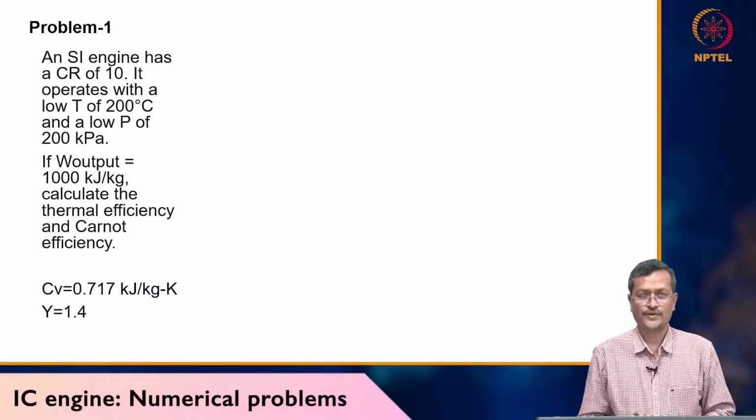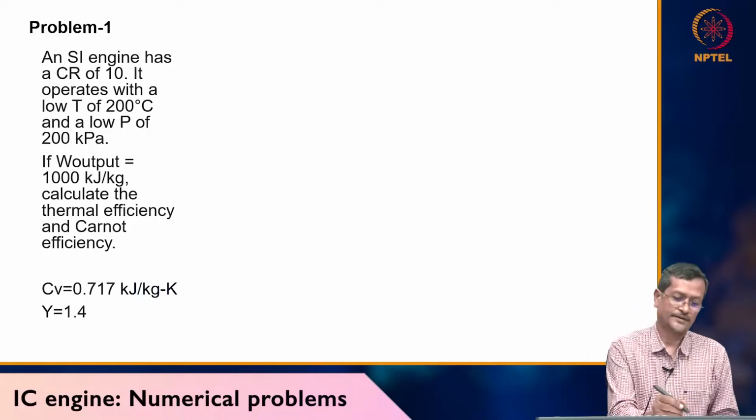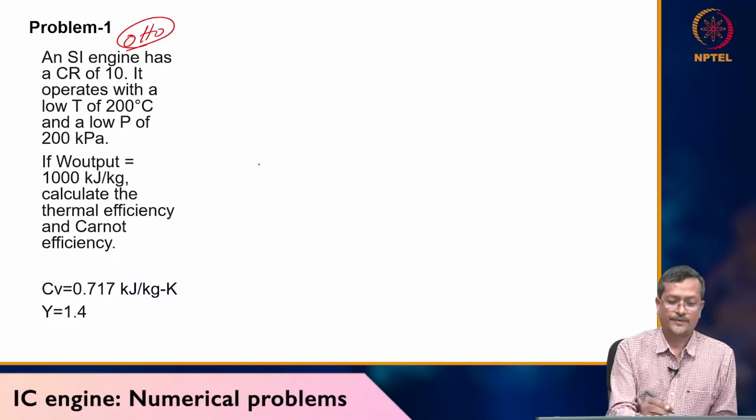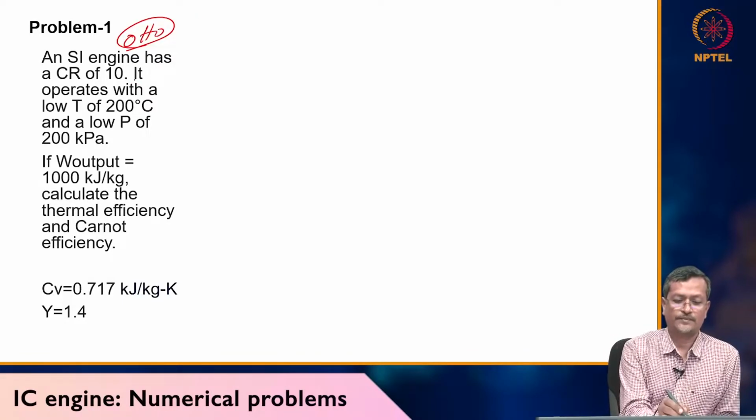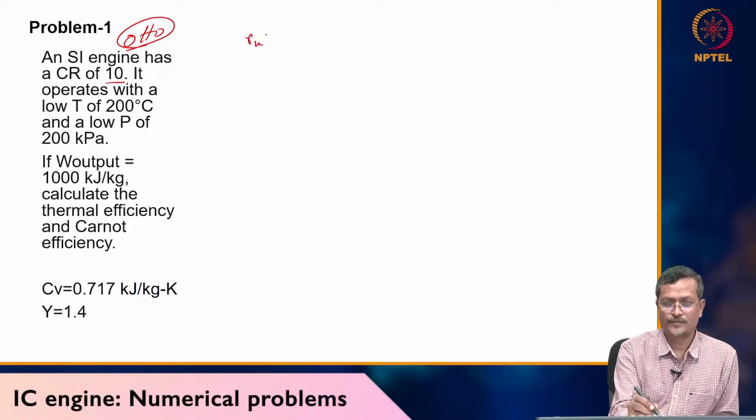Let's try to solve for a spark ignition engine. One spark ignition engine, or Otto cycle, has compression ratio 10. Many books write r, many books write CR.